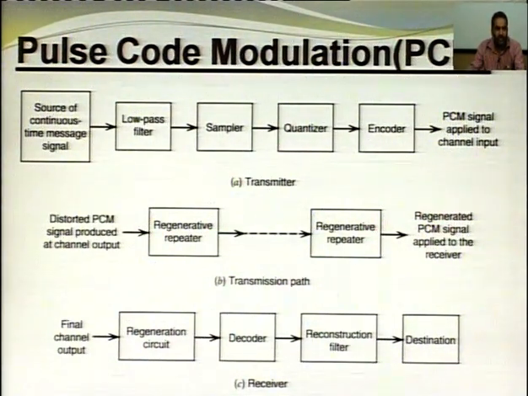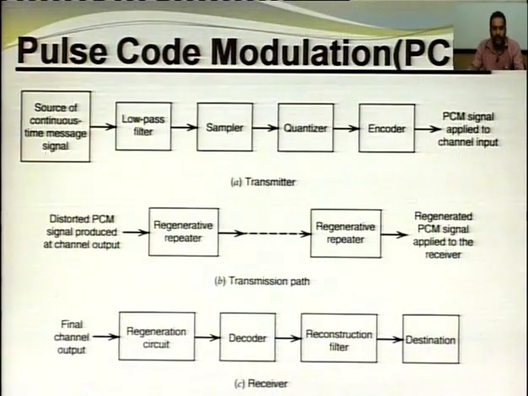So, distorted PCM signals are produced by the channel. So, distortion is attached with the signal. Then a number of regenerative repeaters may be used in the channel for regeneration of the signals. Then at the destination end, the regenerated PCM signal is applied as the final channel output.